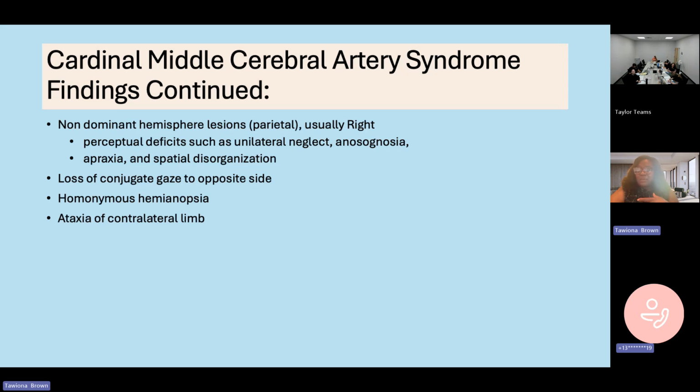So they don't know left from right, maybe. They don't understand that they're hemiparetic on their left side. You hold up a hand and you hold up their hand and they're like, oh, that's your hand. Those are the types of perceptual issues that you're going to see with a right middle cerebral artery syndrome.